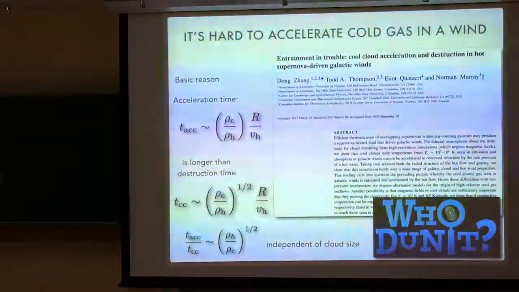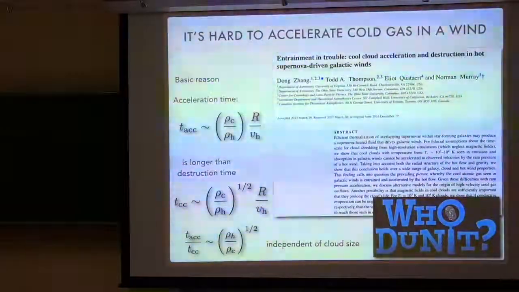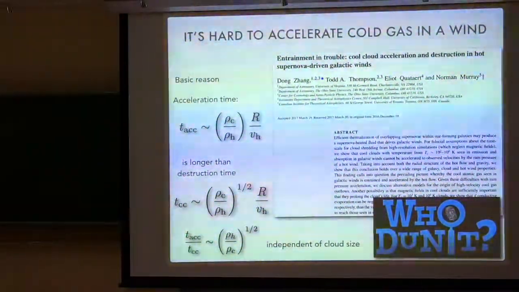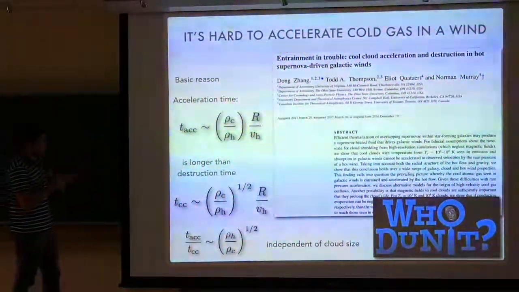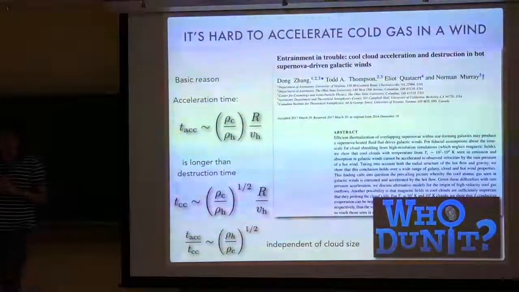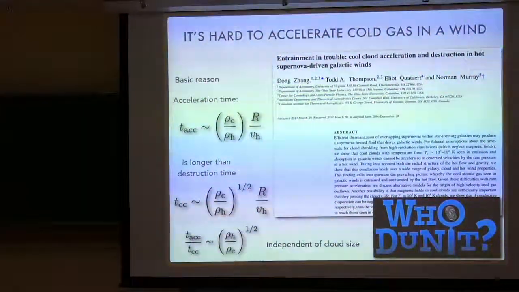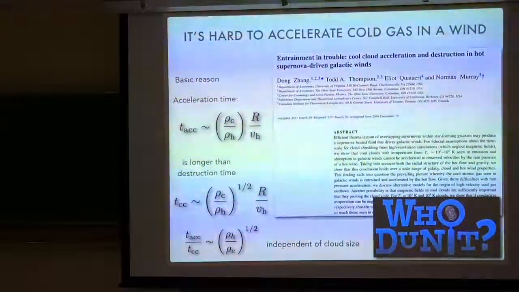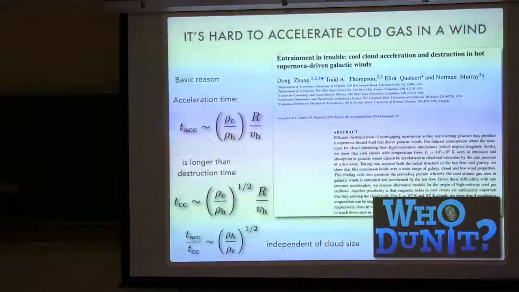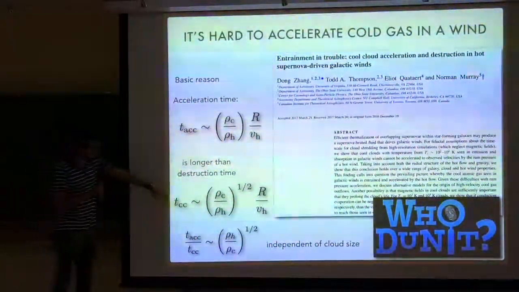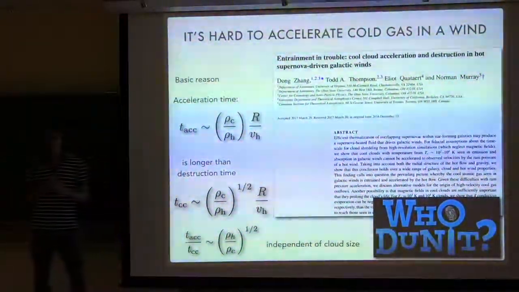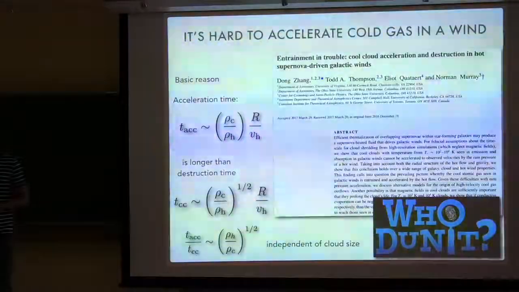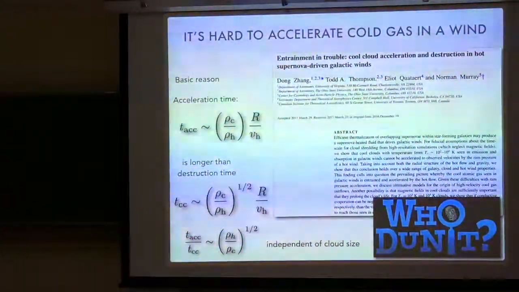And the fundamental reason you can sort of write down very quickly. If you want to accelerate a blob of cold gas, you basically have to sweep up of order that cold gas column density in the hot gas, right? And you compare that with the destruction time, which is of order the Kelvin-Helmholtz time, which is also of order the Rayleigh-Taylor time.